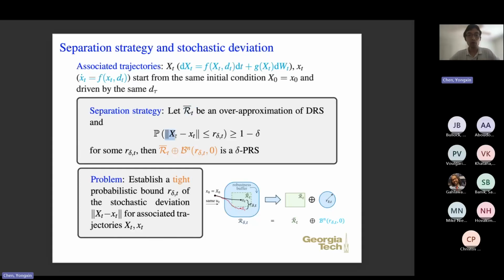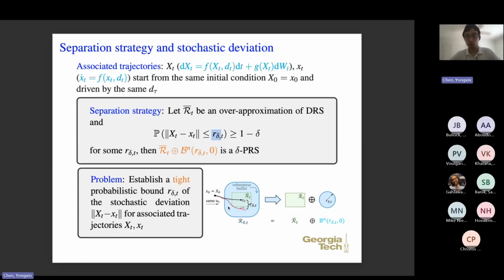And if you know the fluctuation of the stochastic trajectory around the deterministic trajectory is not much, so the probability for it to be less than a certain value is very high, then it's very easy to argue that the summation of this set with this ball with this radius is going to be a delta probabilistic reachable set. So this is our approach.